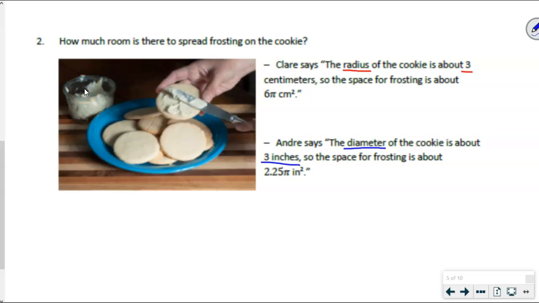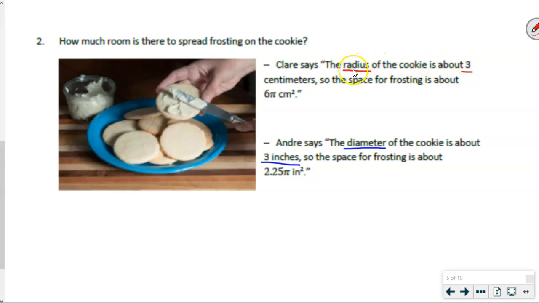All right, Carter, what do you think? Neither of them did them correctly. What do you mean by that? Great, exactly. So what did she find? 3 times 2 times pi, what is that really?